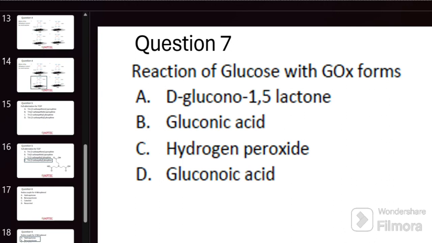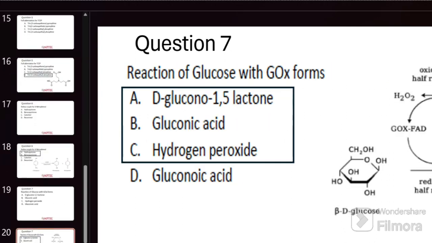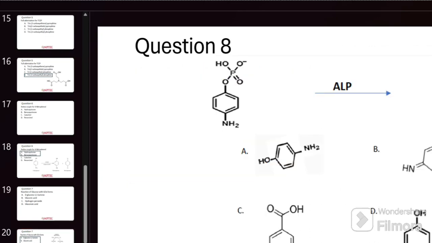That is the first byproduct, and the other two byproducts are glucolactone and gluconic acid. So these are the three byproducts generated in the reaction between glucose and glucose oxidase.